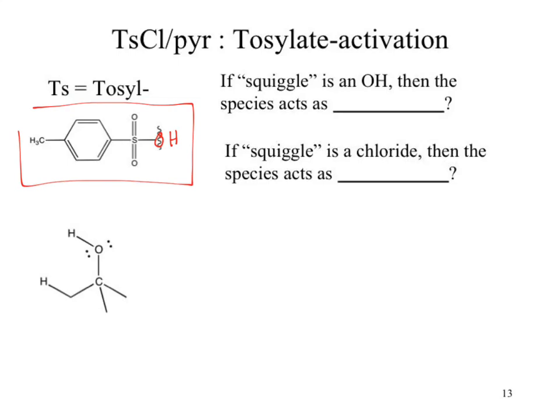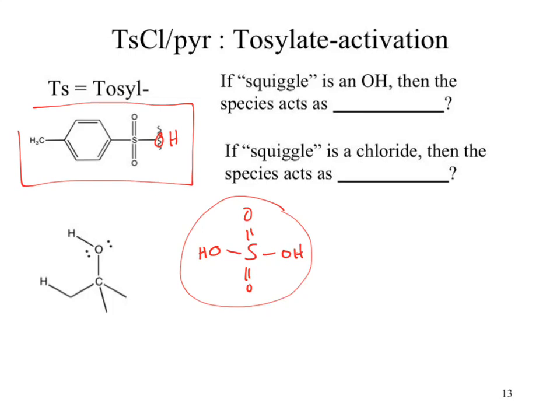Got the right idea. Let me change up the perspective on this a little bit. We'll do our sulfur. There's our double bond to an oxygen, double bond to an oxygen. We said that side was an OH. What if I did this? What does that species act as? Yeah, a really, really strong acid.